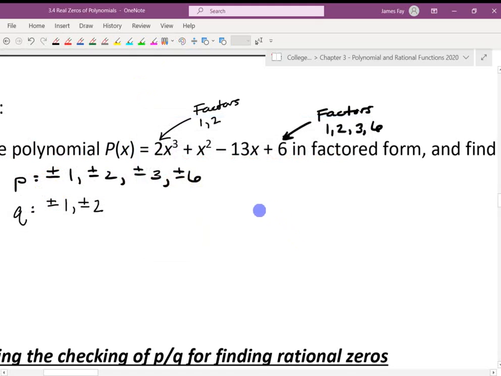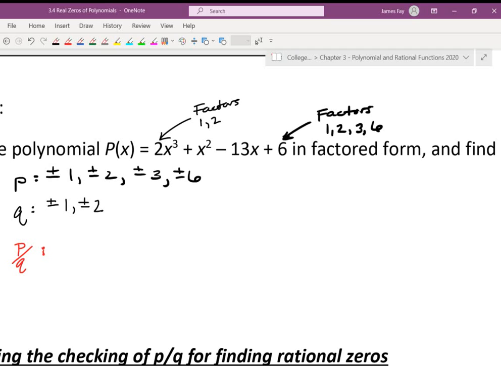The next thing you do is determine what P over Q looks like, so you have to determine a list of P over Q. Here is where a lot of people make mistakes. They'll use P to be 1, and then P to be 2, and then P to be 6, and they skipped P being 3, and they lose ultimately 4 possible zeros.